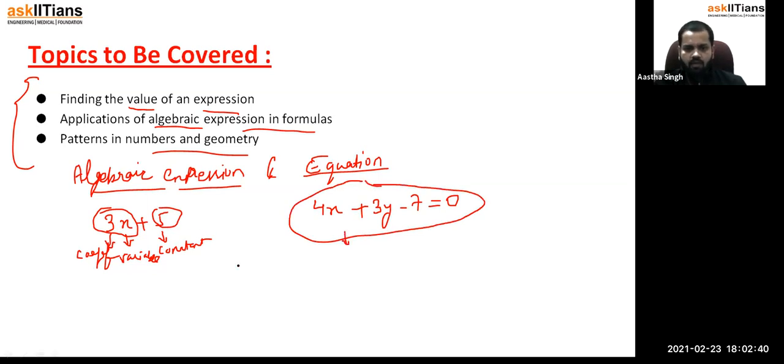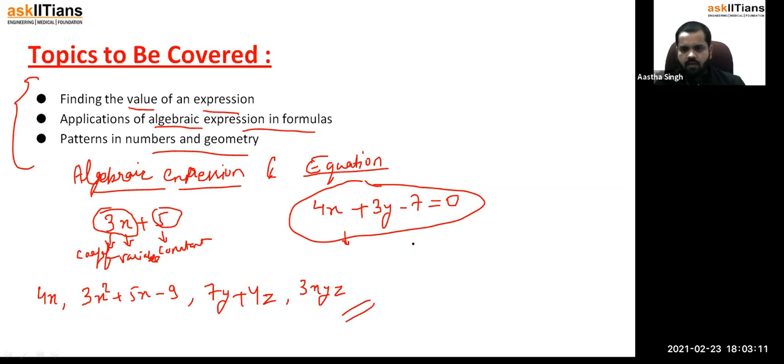Let me take one more example. 3x square plus 5x minus 9 is an algebraic expression. 7y plus 4z is an algebraic expression having two terms and two variables. 3x, y, z are all algebraic expressions.